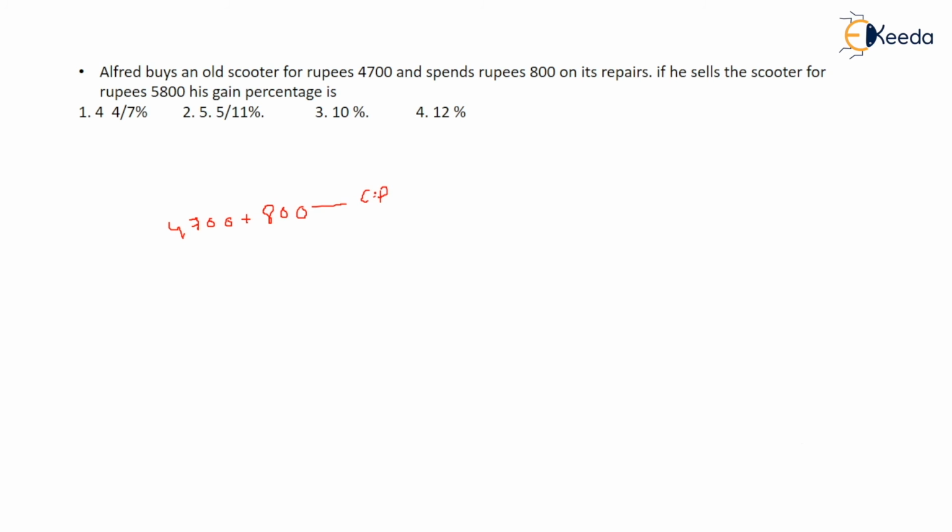So you can simply find out 4700 plus 800. This type of question generally comes as a 1 mark question. Okay. So when you add this 800 to it, the cost price will be 5500.